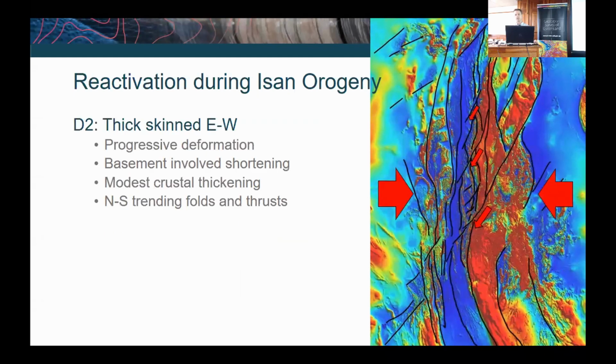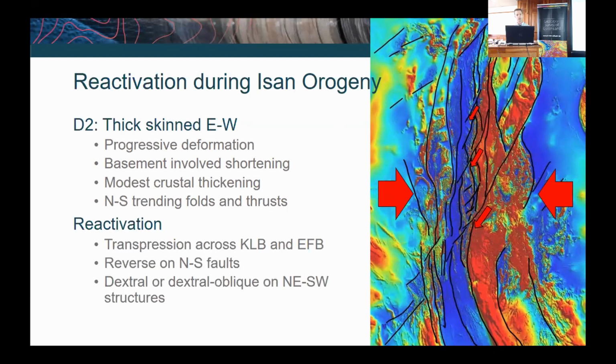Skipping forward to the main Isan east-west, you've got thick-skinned deformation, and this is really progressive basement-involved shortening. We don't get any high pressure rocks, so we've got modest crustal thickening, and this is really common in those high geothermal gradient Proterozoic orogens. And lots of north-south trending folds and thrusts. This is the Isan that we all know and love.